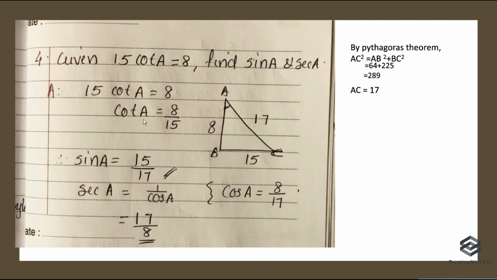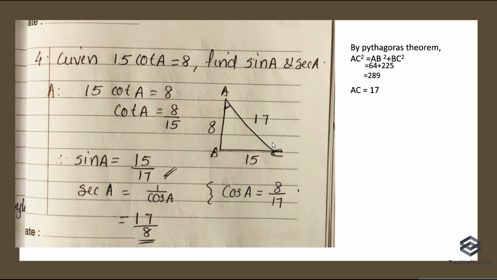Again here one of the acute angles is A. So again draw one right angle triangle, mark one of the acute angles as A. I mark here A. Therefore cot A is adjacent side by opposite side. So here adjacent of angle A is AB. Therefore I write here 8. Opposite of angle A is BC. So I wrote here 15.